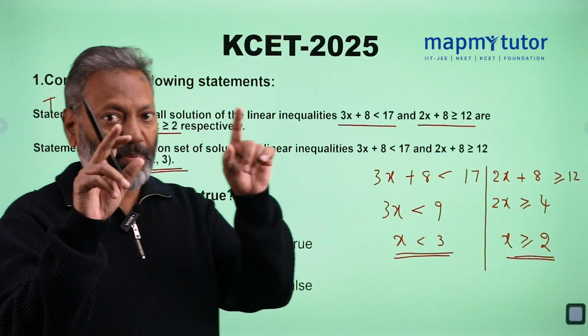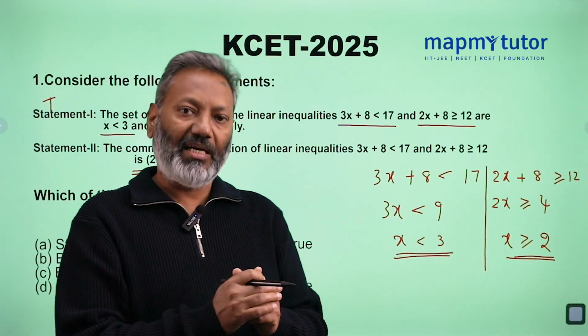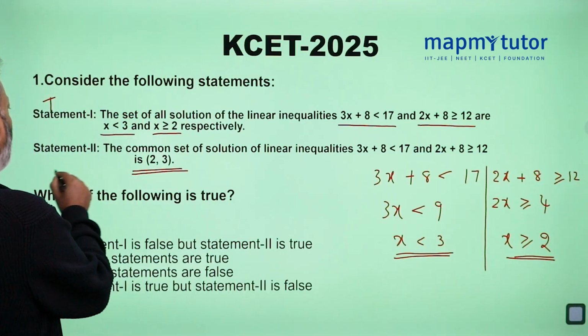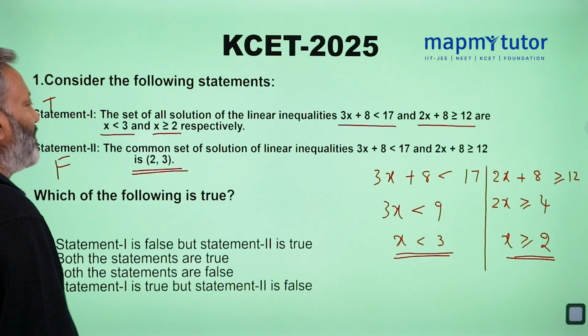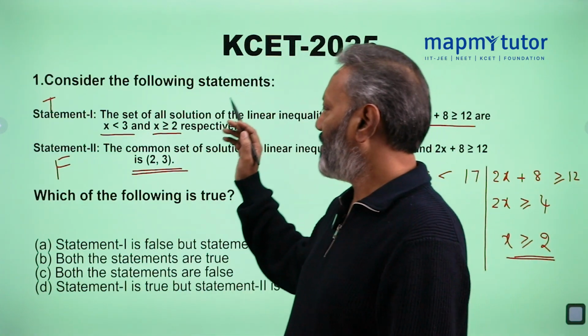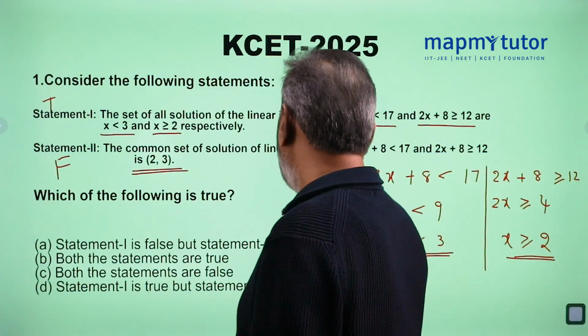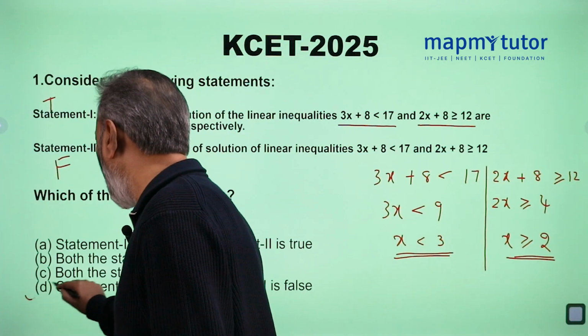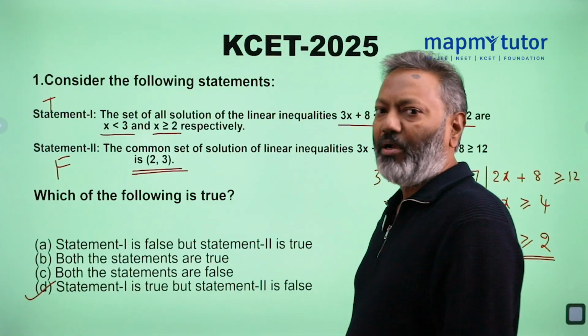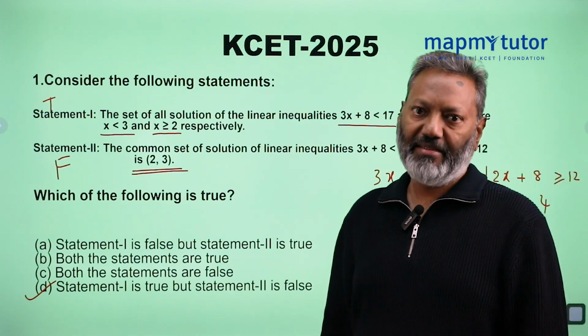You know what is meant by open interval: the endpoints are not included. That's why statement 2 is false. So, conclusion: statement 1 is true, statement 2 is false. Yes, option D. Got it? It is a simple question from linear inequalities.